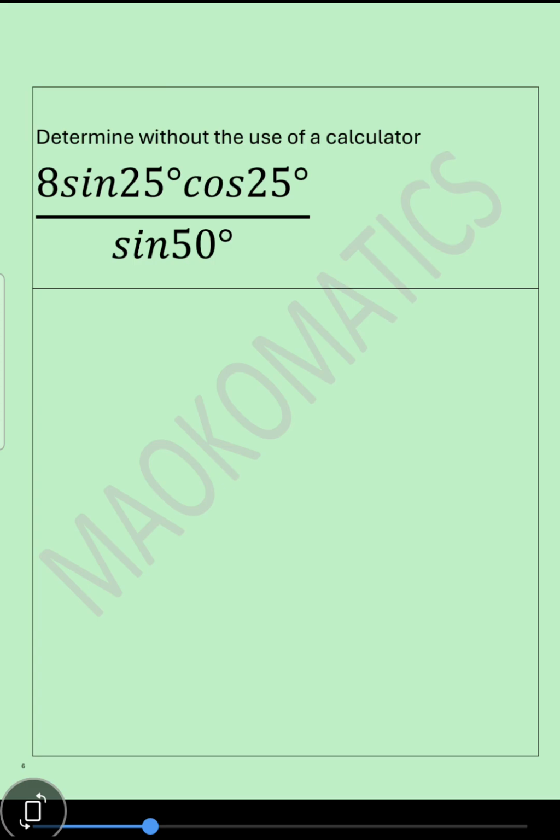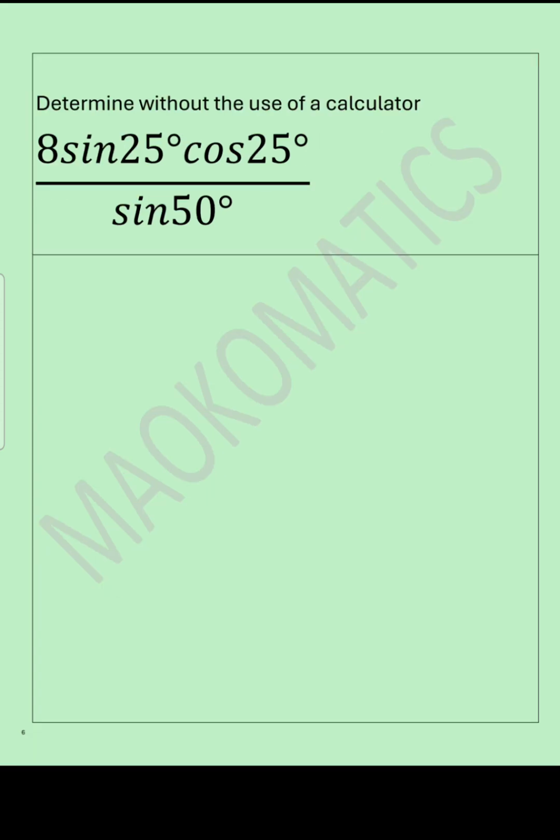Right, we look at this one. This still relates to the double angle identity of sine, but we don't have that 2, so we'll put that 2 there so that it makes 8 now.